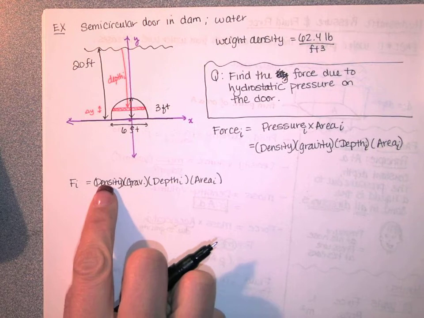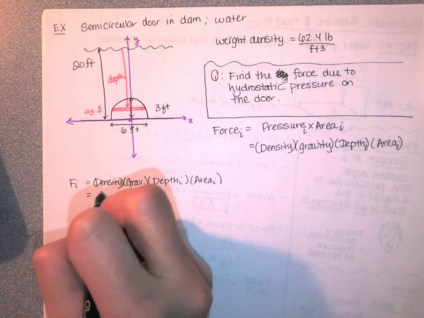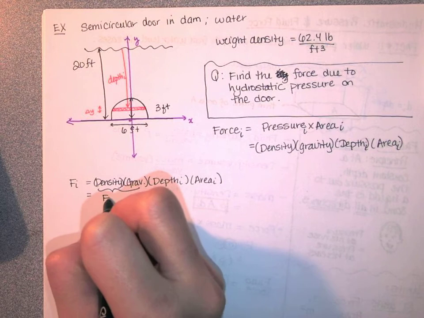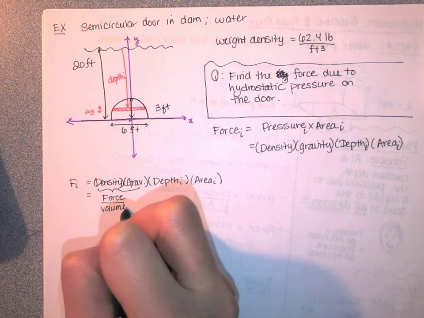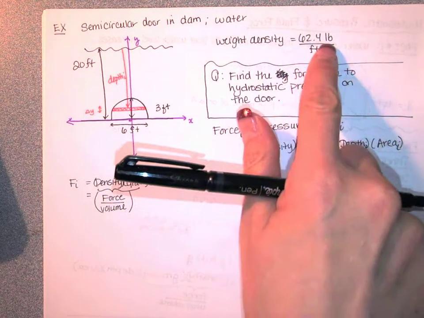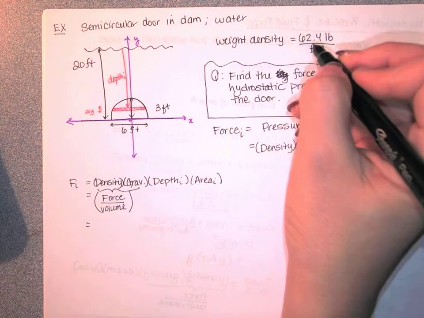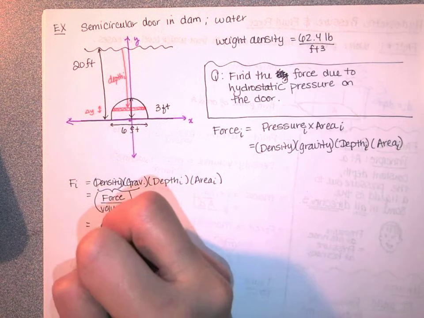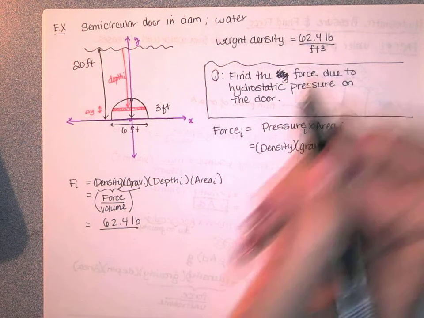Now remember, this is mass per unit volume times acceleration, so when you multiply these together, you get force per unit volume. Since we're in English units, gravity is already included in those pounds. So force per unit volume is that 62.4 pounds of force acting on 1 cubic foot.